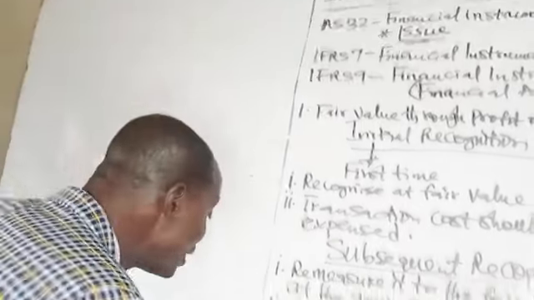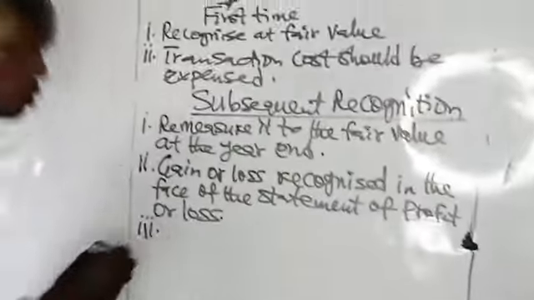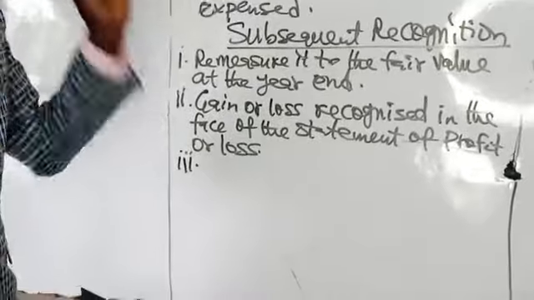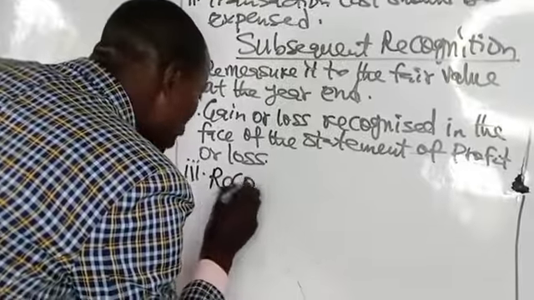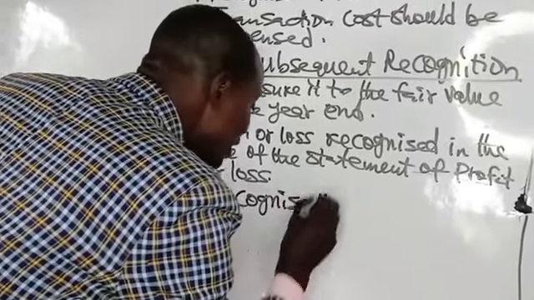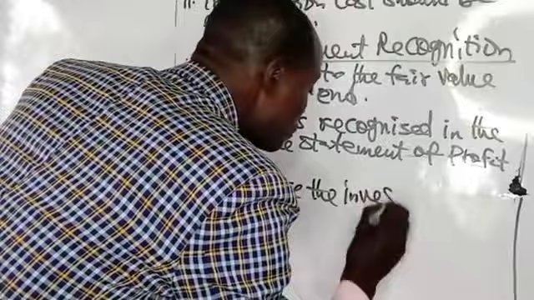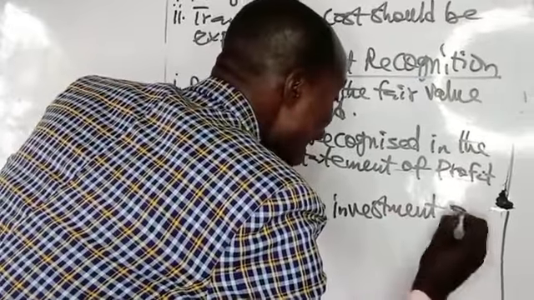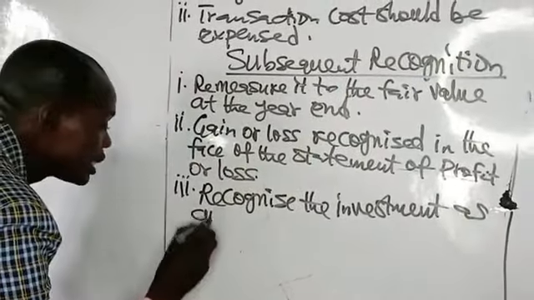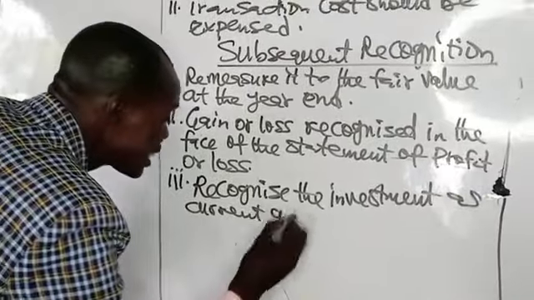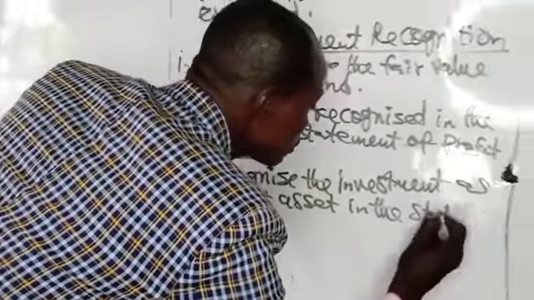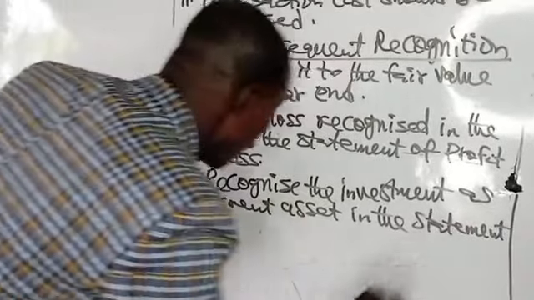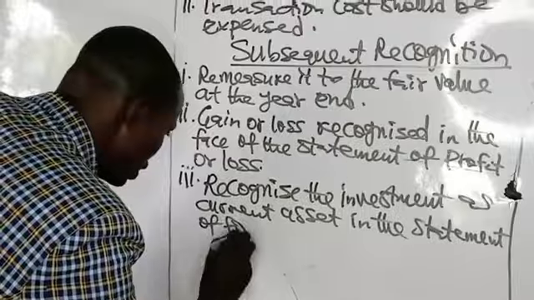Then number three, recognize the investment as a current asset in the statement of financial position. Such investment should be recognized as a current asset in the statement of financial position.